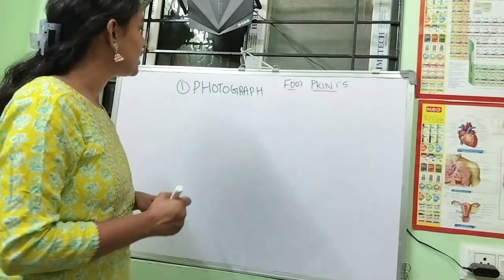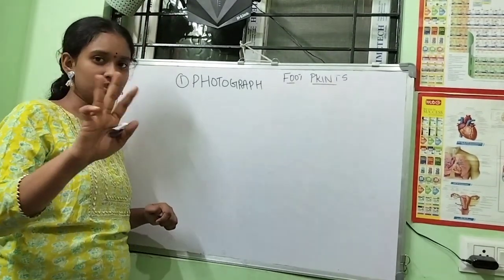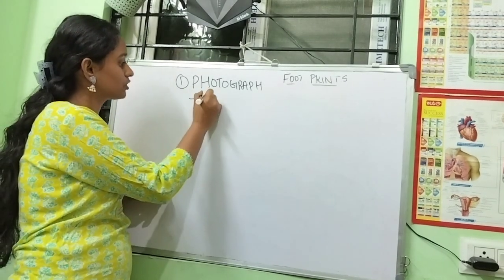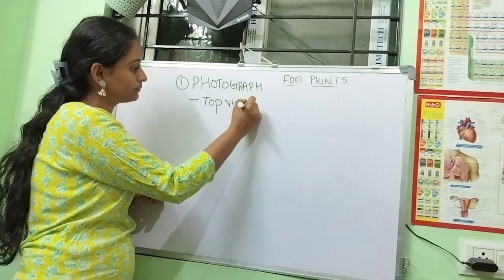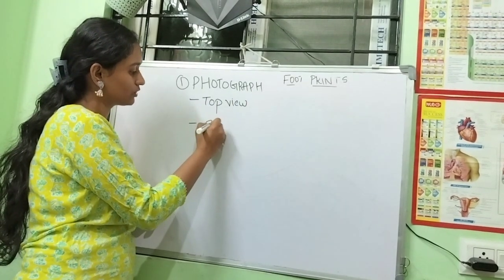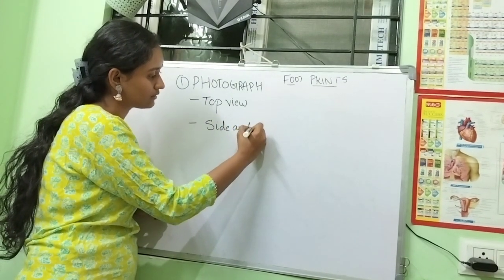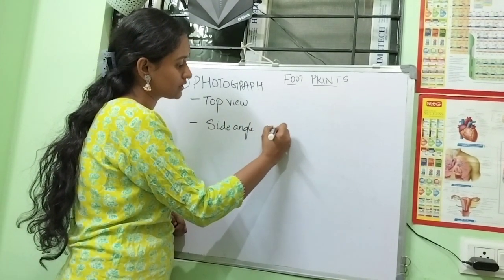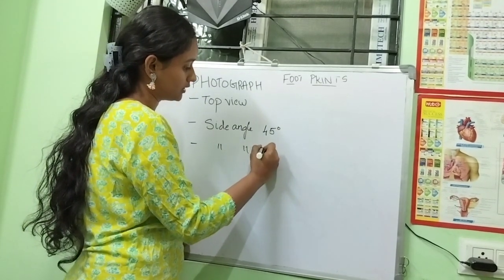On the photograph you have three things. The first one should be the top view photo, and the second one should be the side angle, up to 45 degrees, the same side angle at 45 degrees.